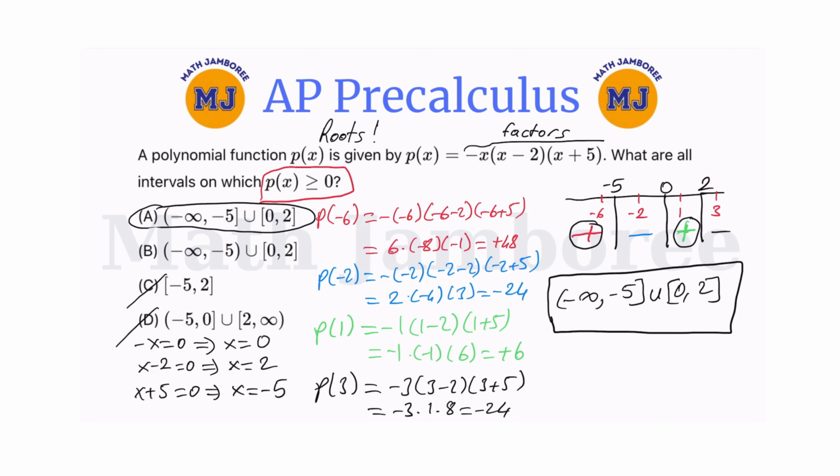What is the difference between choice B and A? Only the negative 5. Do you see that? This is not a bracket. That's why it's not the answer, because they didn't include negative 5 in there. That's why B is not the answer. So the correct answer for this specific question is choice A.